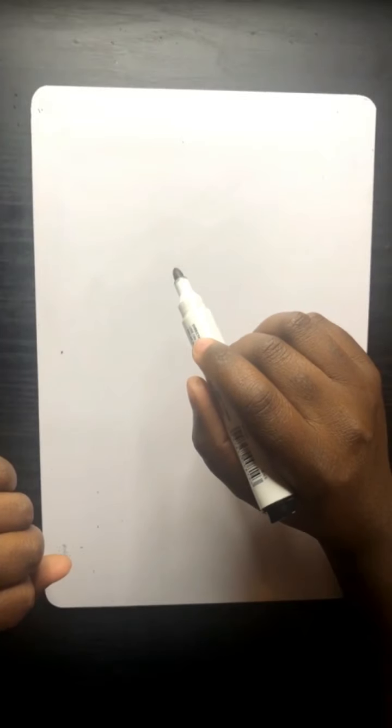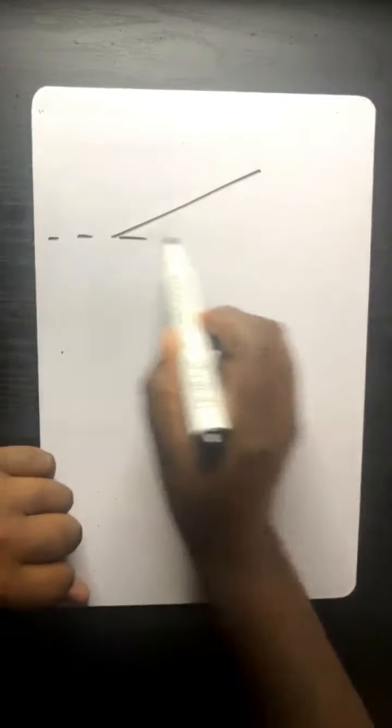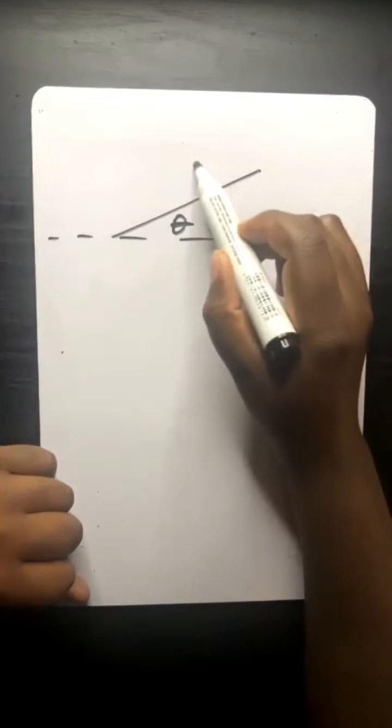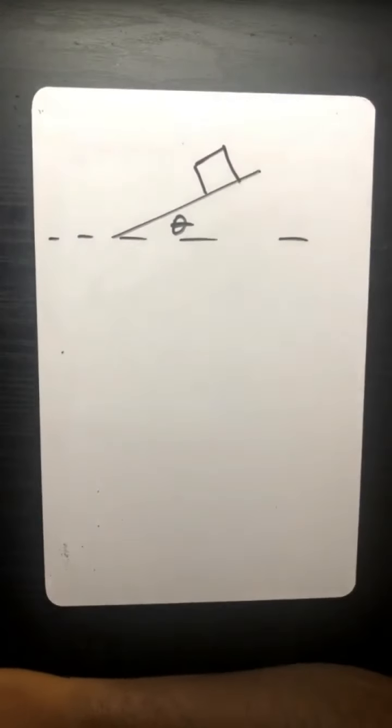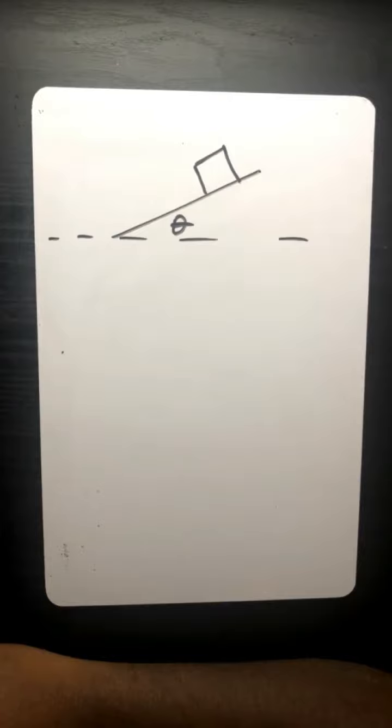So, ladies and gentlemen, when an object moves along a surface inclined at an angle, based on what I've said, I'm simply talking about an inclined surface at an angle, and an object moving along it. So, guys, the normal force is multiplied by the kinetic coefficient.